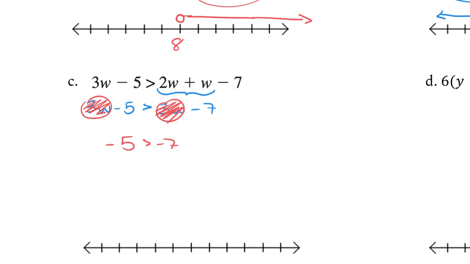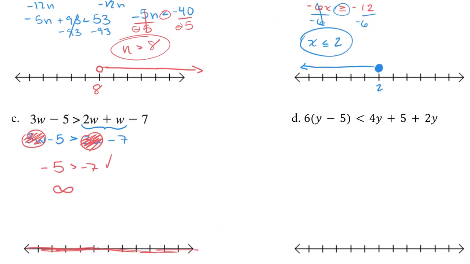So negative 5 is greater than negative 7. Well, is that a true statement? Yeah, it's a true statement. So when it's a true statement, what we say is we have infinite solutions. So technically you could graph this by literally filling in the entire number line, because what you're saying is every solution is viable. So just remember with this one, if you're left with a true statement, so negative 5 is greater than negative 7, that's infinite solutions.